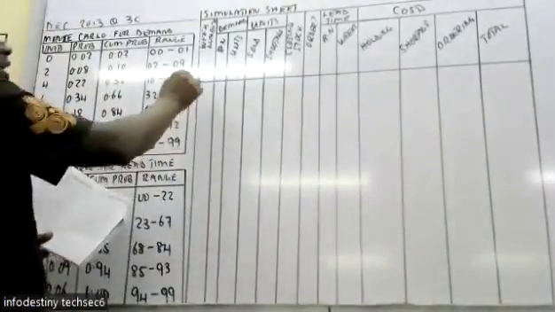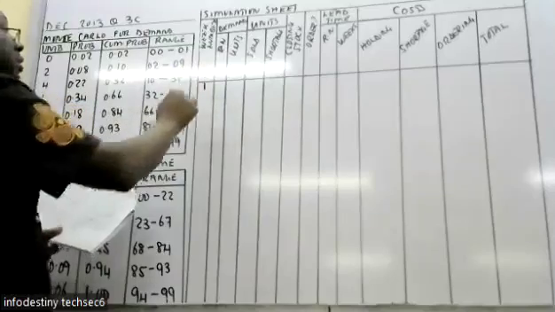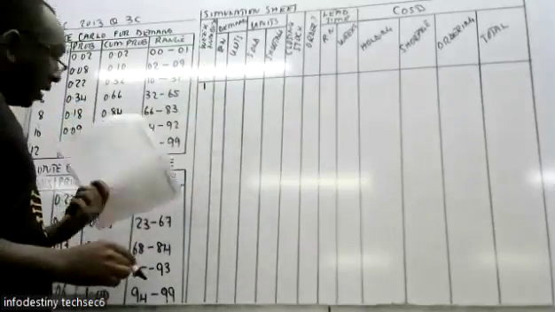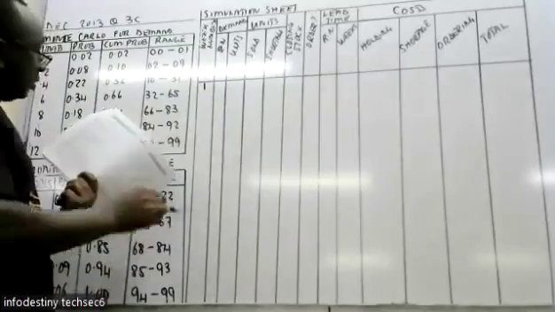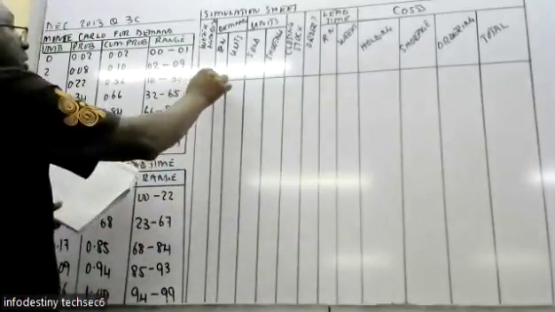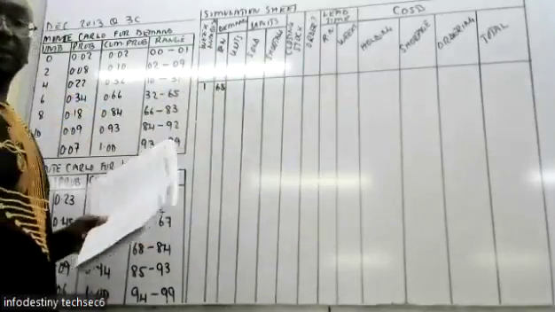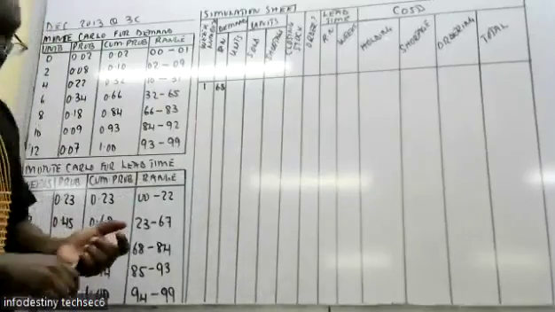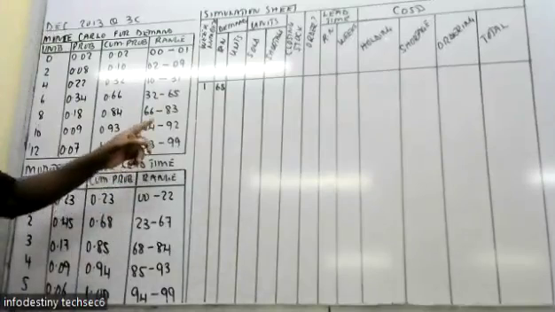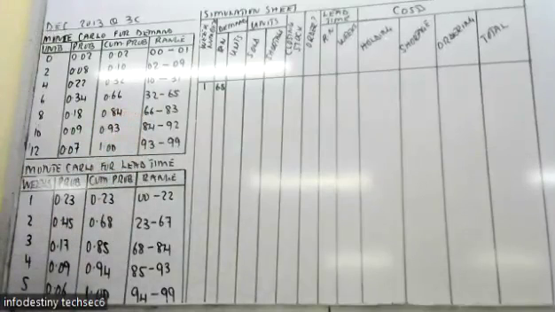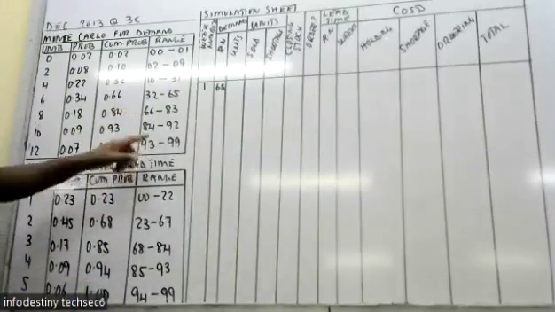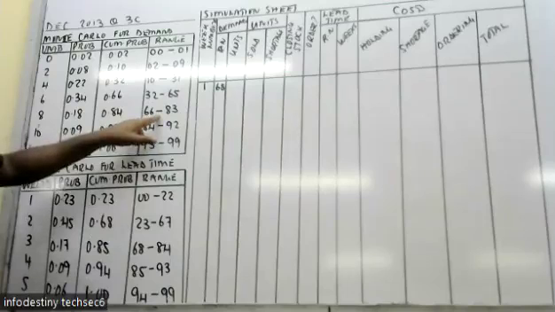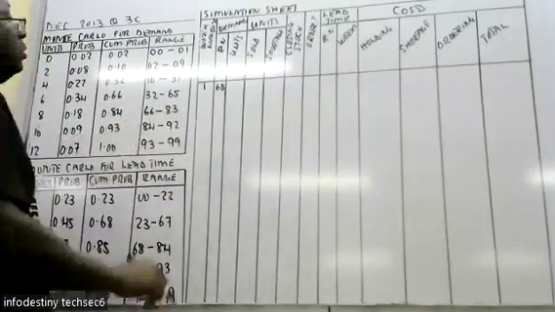In week number 1, the random number is 68. So you come here to the Monte Carlo for demand, and you find 68 is here.